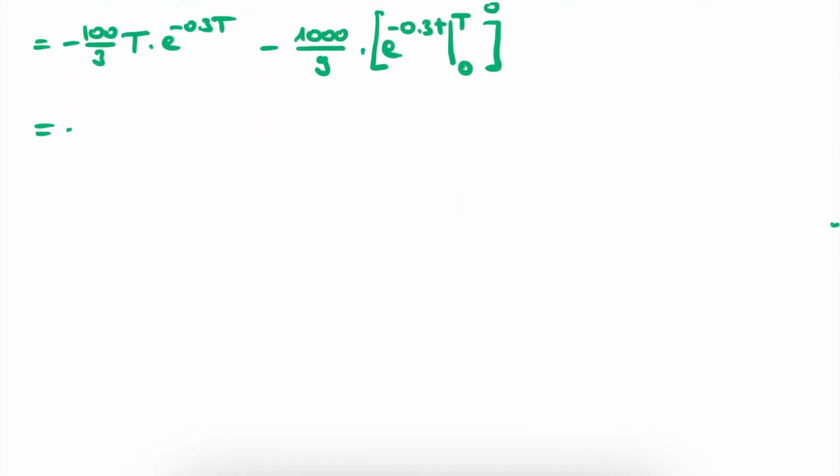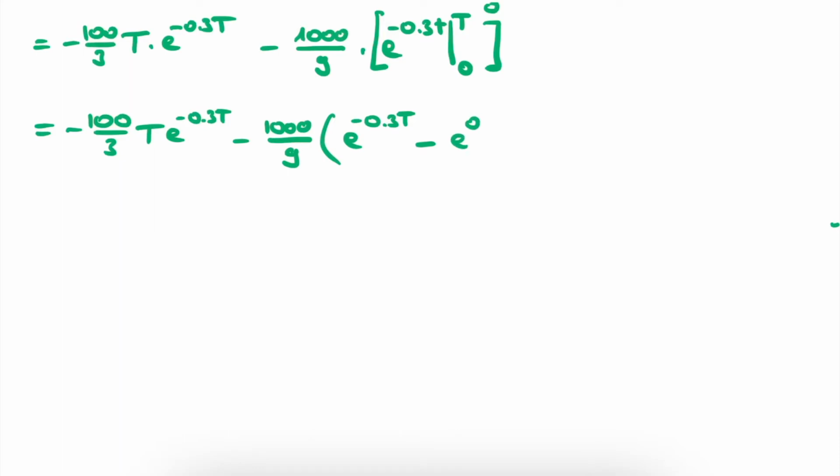Rewriting this, we get again this 100 divided by 3 capital T times e to the power minus 0.3 capital T, minus 1000 divided by 9 multiplied by filling in t and 0 in this e power. If we fill in t, we have e to the power of minus 0.3 capital T. And if we fill in 0, we have e to the power of 0, which is of course simply 1.